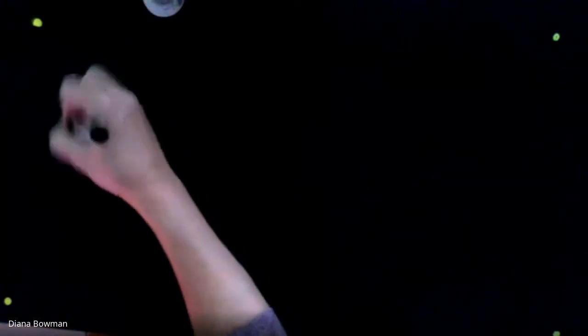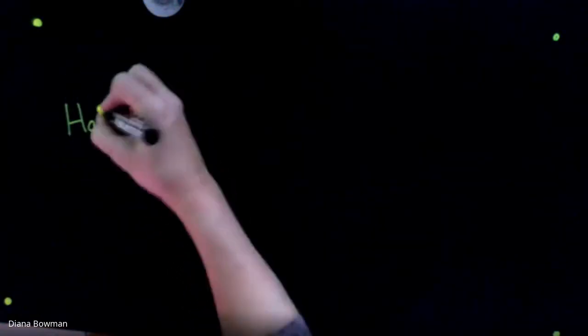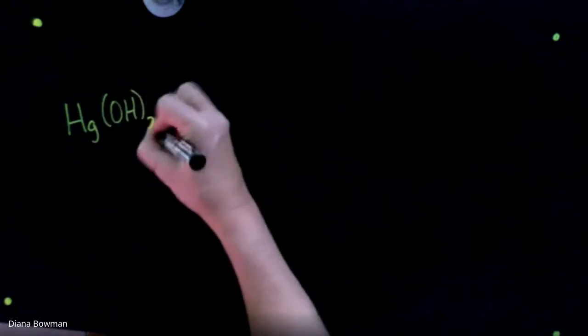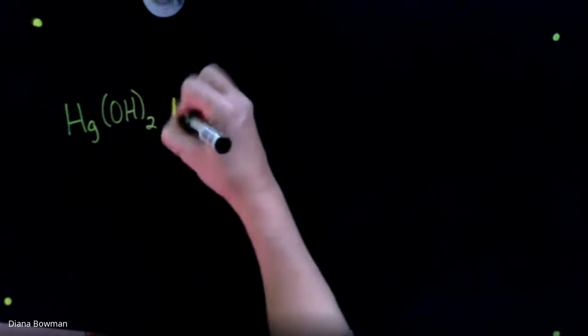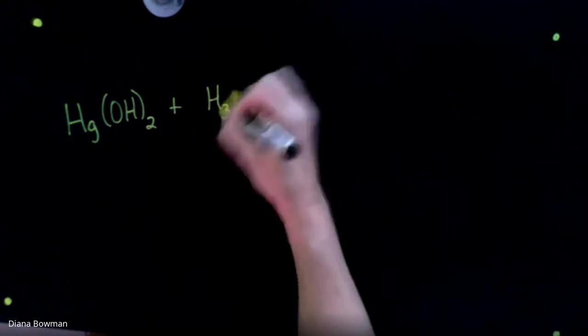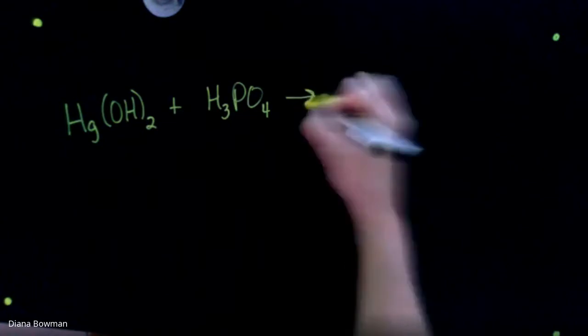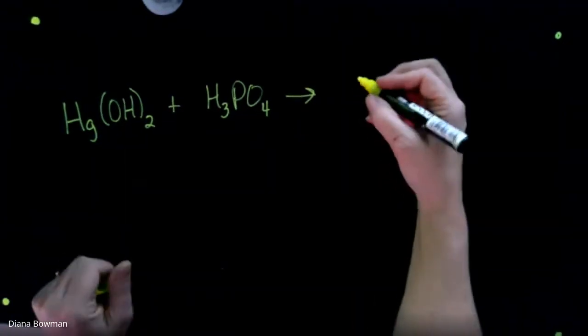Nice job. So we've got Hg and then OH twice. So this is mercury hydroxide plus H3PO4, which is phosphoric acid. And it's going to make some mercury phosphate.